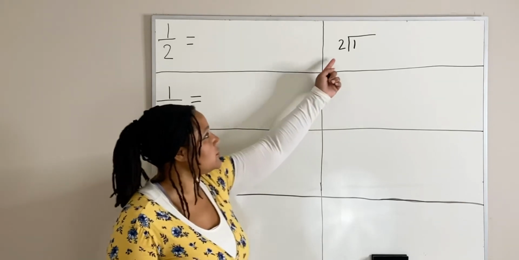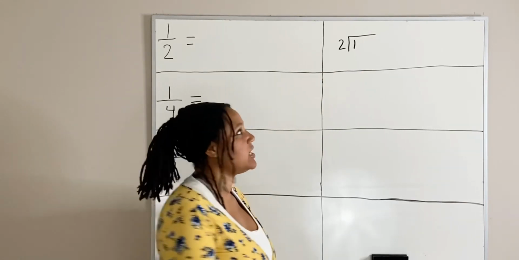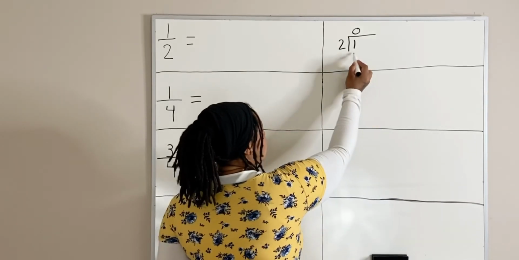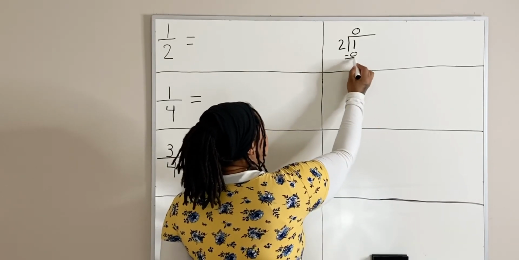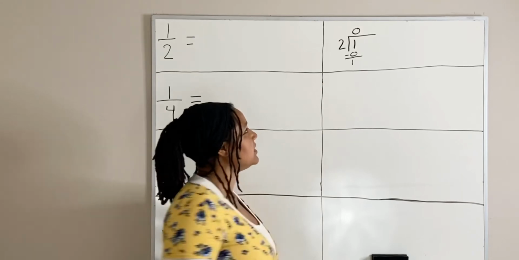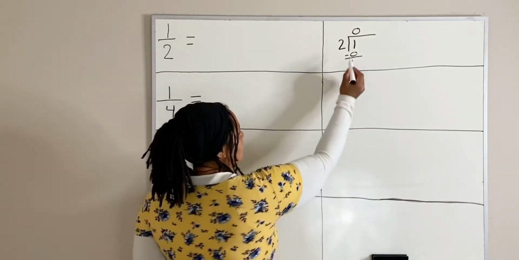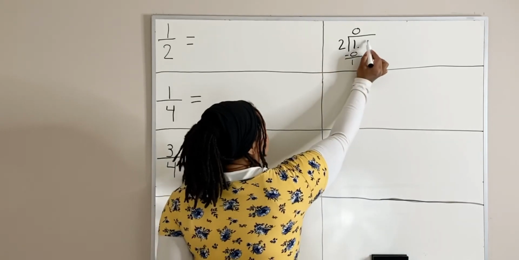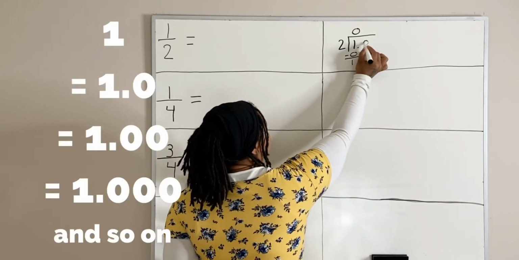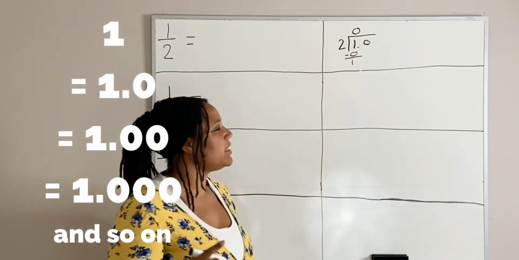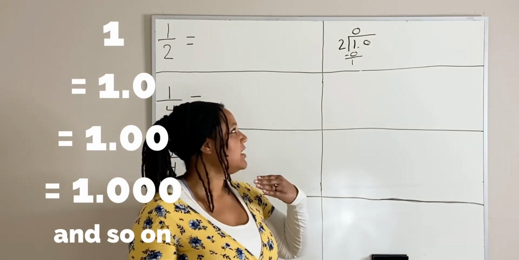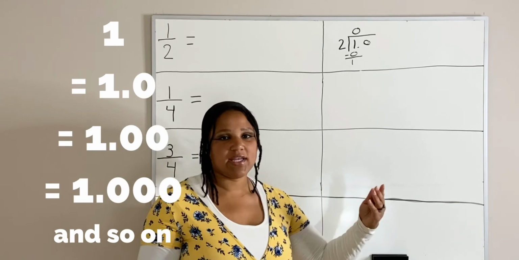So 2 goes into 1 0 times, right? 2 times 0 is 0. We come over here and we subtract. Now we can go ahead and add a decimal here, and we can just add a 0 because 1.0 is 1, so anything after the decimal point doesn't really matter.